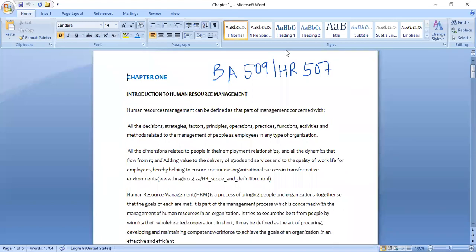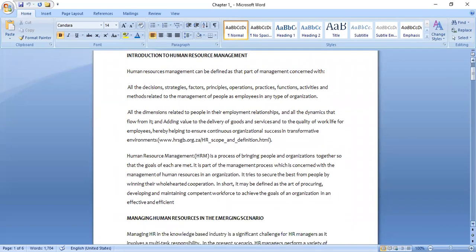Human resource management has been defined by a number of scholars, but maybe our take-home message in all those definitions should be that human resource management involves all those activities or functions that aim at controlling employees in any organization, right?